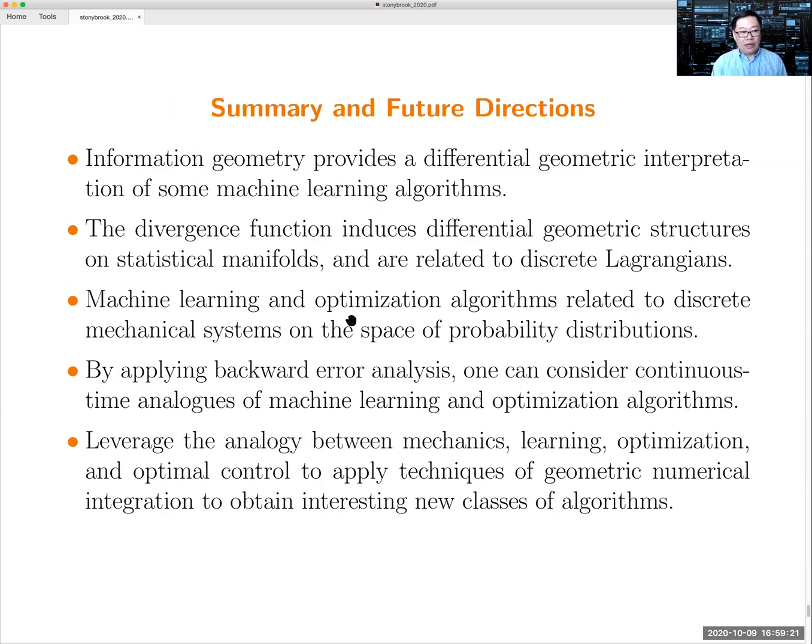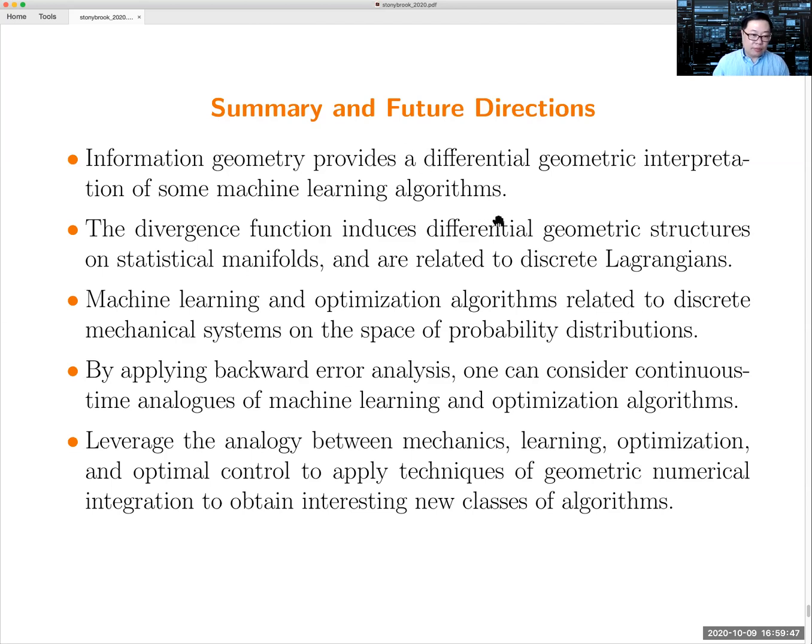Let me just say that at a high level, the goal is this. Information geometry provides a differential geometric interpretation of some machine learning algorithms. One of the fundamental objects in information geometry is the divergence function, and it induces a bunch of differential geometric structures. And the divergence function is related in some precise way to discrete Lagrangians.